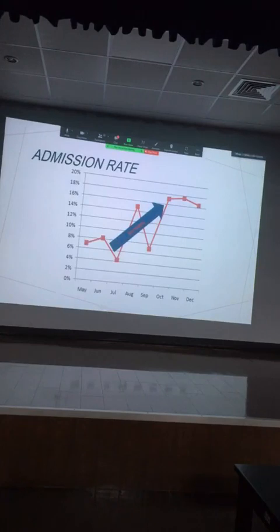One example of a PDSA cycle that was successful in the ED here at the hospital is the admission rate. We identified a problem at the hospital: most of the patients who come into the ED go home. They are not getting admitted to the hospital.